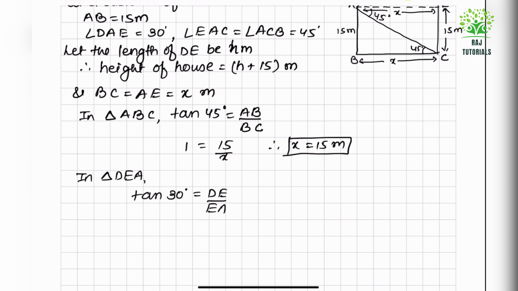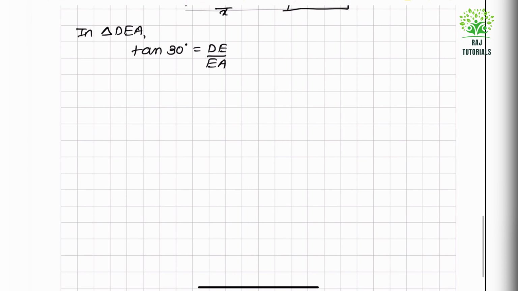In triangle DEA, tan 30 equal to DE upon EA. Tan 30 means 1 by root 3 equal to H by X. So H equal to X upon root 3.